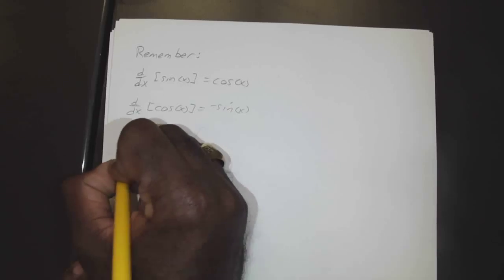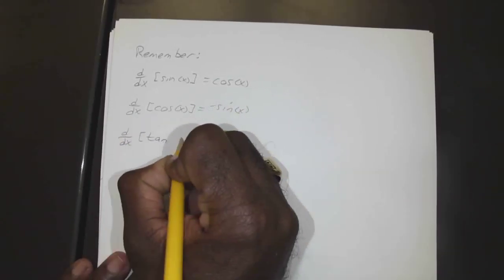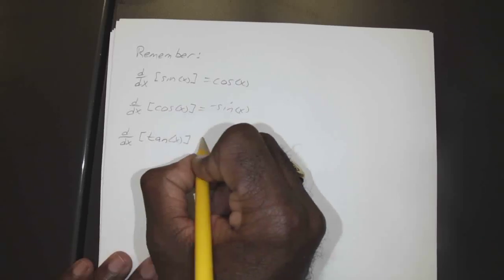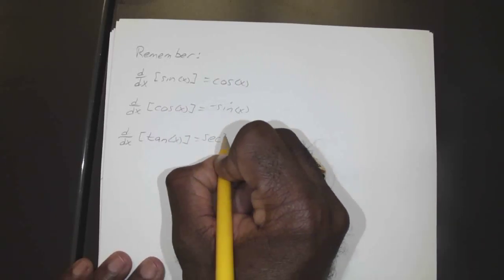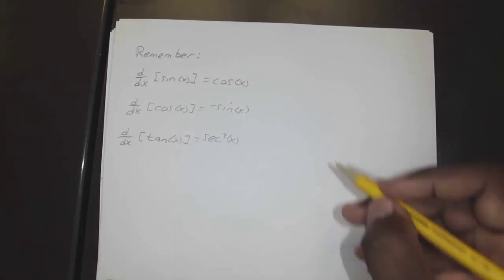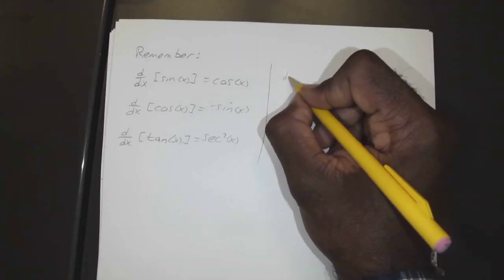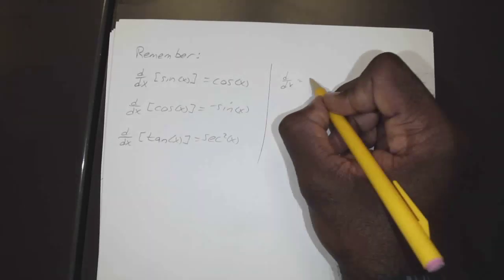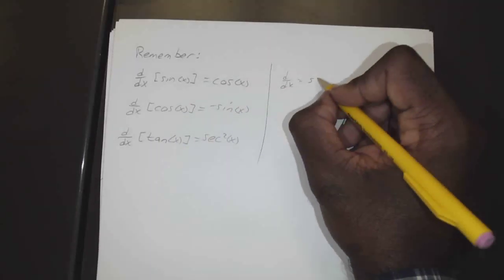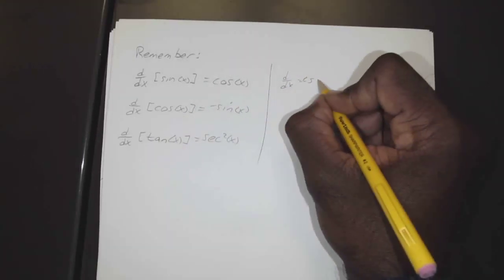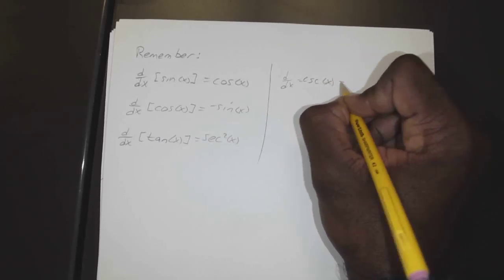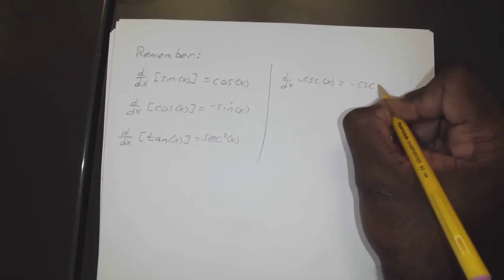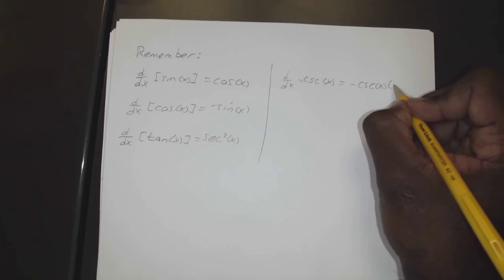Remember the derivative of tangent x is secant squared x. The derivative of cosecant is negative cosecant cotangent.